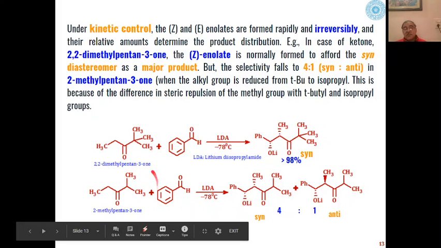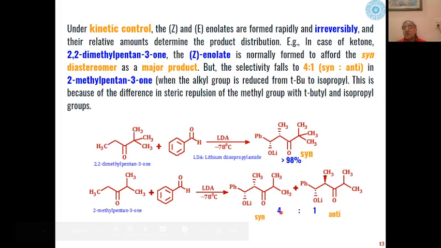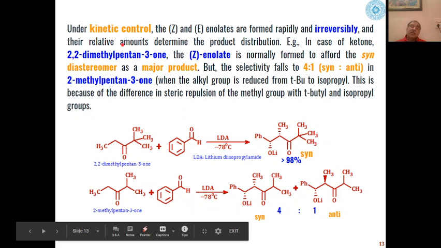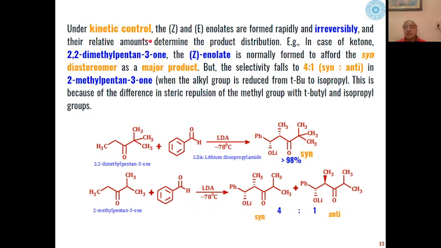Whereas if this is the substrate where the group attached is isopropyl, then syn to anti product are formed in a 4:1 ratio. The only reason for this is that the reaction is controlled kinetically, and because the formation of Z and E enolates is irreversible, once the Z or E enolates are formed, Z cannot be converted into E or E cannot be converted into Z. So in the first example the Z enolate is normally formed, which will give us only the syn diastereomer as the major product.